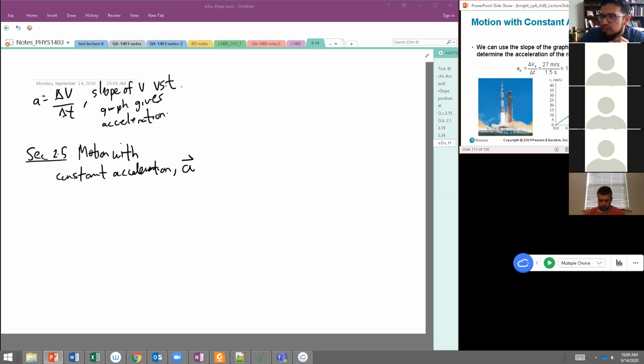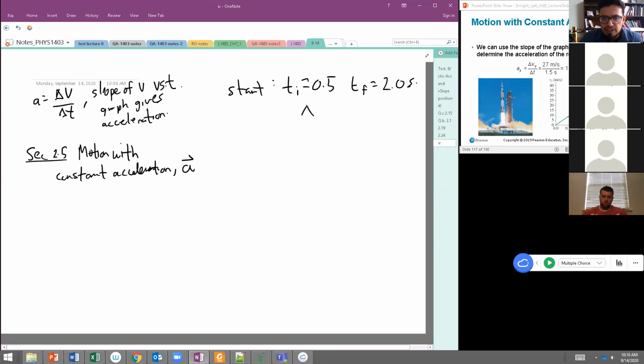And so the slope of this graph is going to tell us directly the acceleration. In their case, they started the clock at 0.5 and stopped the clock at 2 seconds. So t initial was 0.5, t final was 2 seconds, and the delta t was 2 minus 0.5, giving you 1.5 seconds. Similarly, we have initial velocities and final velocities.